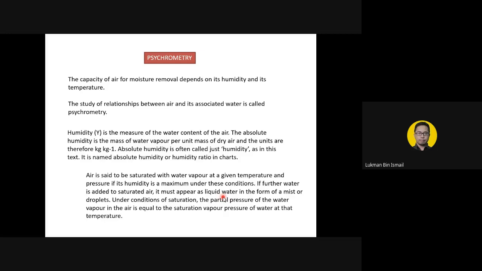The phenomenon of rain happens when the amount of water in the air exceeds the saturated water vapor, so it must appear as liquid water in the form of a mist or droplets. Under the condition of saturation, the partial pressure of the water vapor in the air is equal to the saturation vapor pressure of water at that temperature.